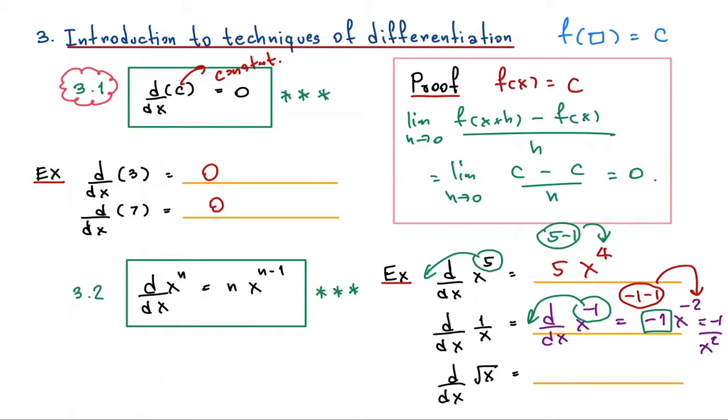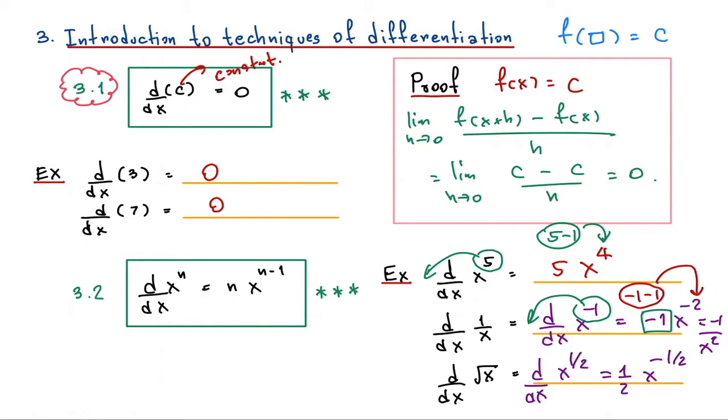Make sense? And the next is the derivative of x to the power of 1/2. You push 1/2 to the front, and you get x to the power of minus 1/2.